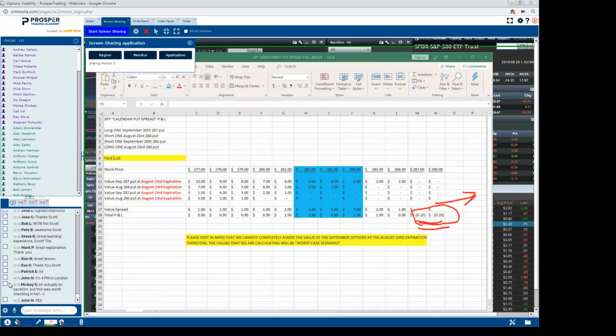So for instance, and here's another thing I want to say, which we didn't even get into yet. Another opportunity for this. Let's say it gets to August 23rd expiration and SPY is hanging right around wherever, 284, 283, somewhere in that sweet spot. Well, we could close this thing out for this massive profit.